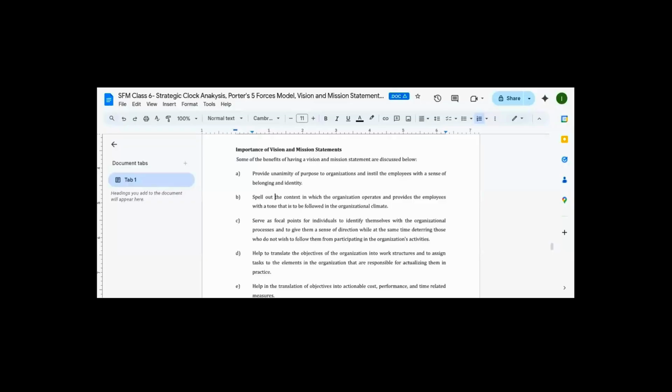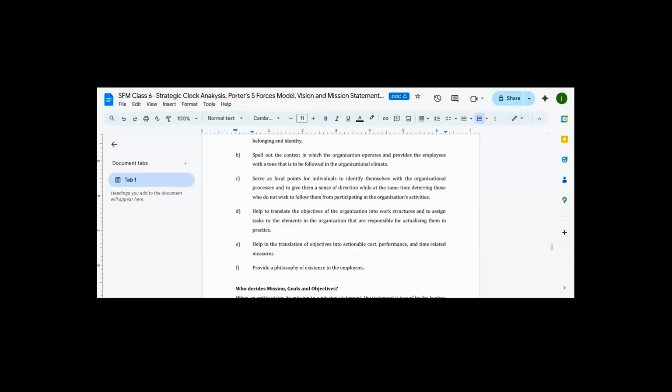Two, to spell out the context in which the organization operates. That means to inform all our investors and all our employees of the organization's climate and scope of operations.